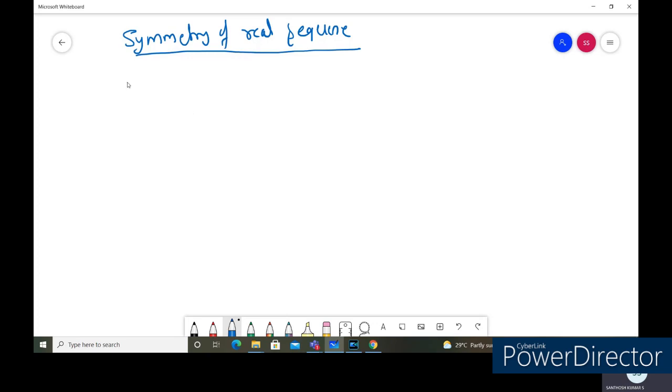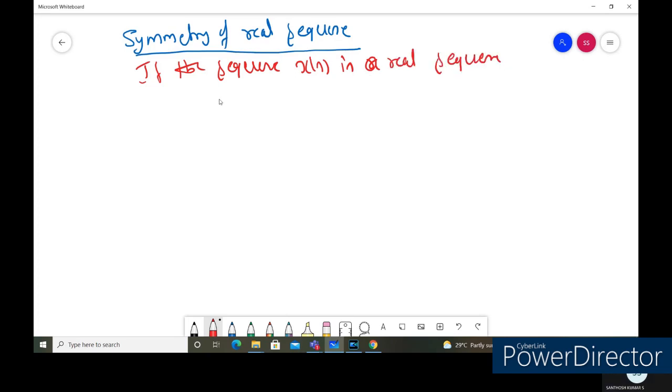The symmetry property says this: if the sequence x of n is a real sequence, with the DFT of x of n equal to X of k, then its DFT is going to satisfy the property called symmetry.